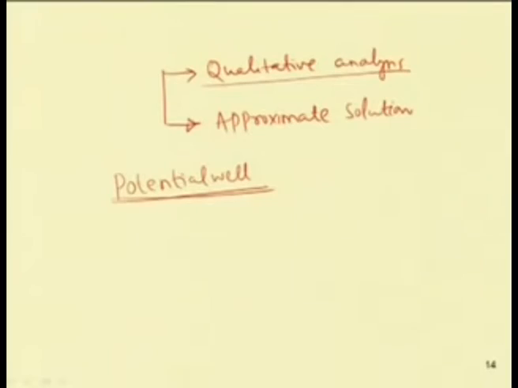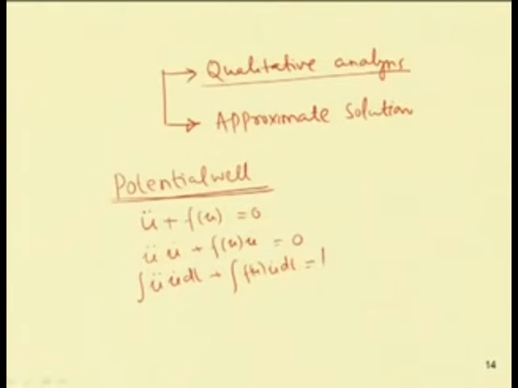So, let us take the conservative system. In case of a conservative system, our equation is in this form, u double dot plus f(u) equal to 0. So, in this case, by multiplying by u dot, one can write this equation as u double dot into u dot plus f(u) into u dot equal to 0, and now by integrating, this will be equal to a constant h.